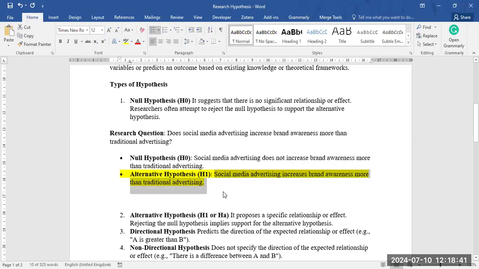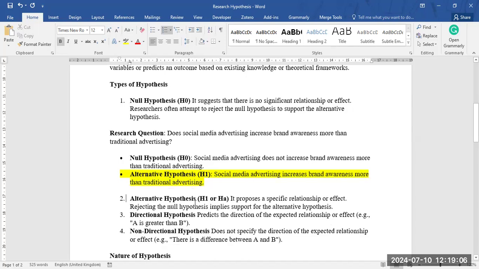But researchers expect social media advertising increases brand awareness more than traditional advertising. So then they are going to collect the data to test the alternative hypothesis. But opposite to the alternative hypothesis is the null hypothesis. That means there is no relationship, right? So you should understand the difference between the null hypothesis and alternative hypothesis.